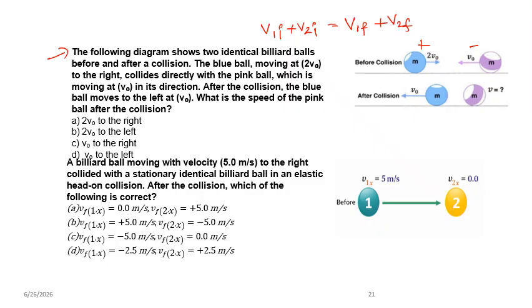After colliding, the blue ball moves left with V. So this is negative V and this is negative V0. And what is the speed of the pink ball after collision? So let us put the values over here. This is positive and this is negative. This is negative and this is what we need to calculate. We put it as X.